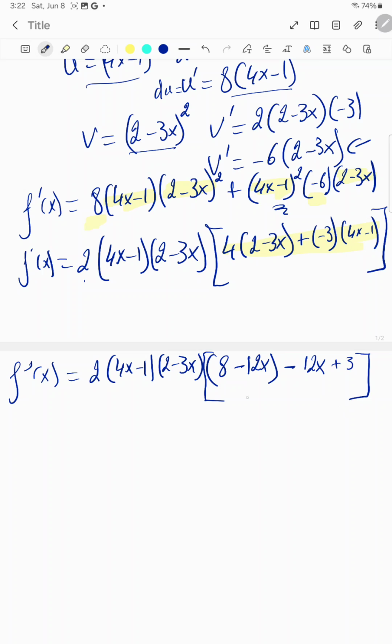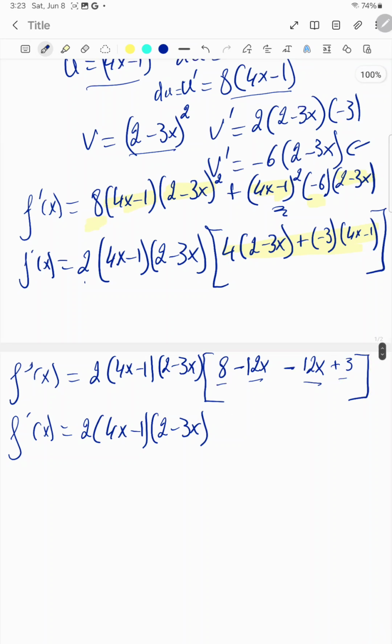Now let's get rid of all the parentheses; I can get rid of them without rewriting because there is a plus before. So my f prime of x is equal to 2 times (4x minus 1) times (2 minus 3x) times, and then I have minus 12x, minus 12x is minus 24x, and I have 8 plus 3 is 11. So I have 11 minus 24x.